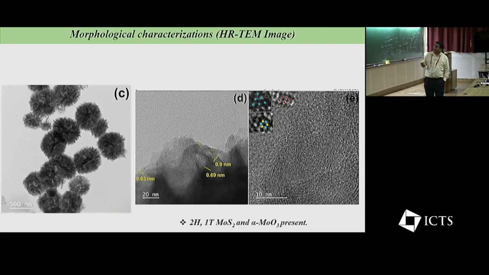If you look carefully through HRTEM, you can see some sharp edges on the surface of the nanoflower, which act like nano knives. These nano knives generate some kind of ROS, some radicals, that interact with the bacterial membrane, which makes a dent in the membrane and eventually kills the bacteria.